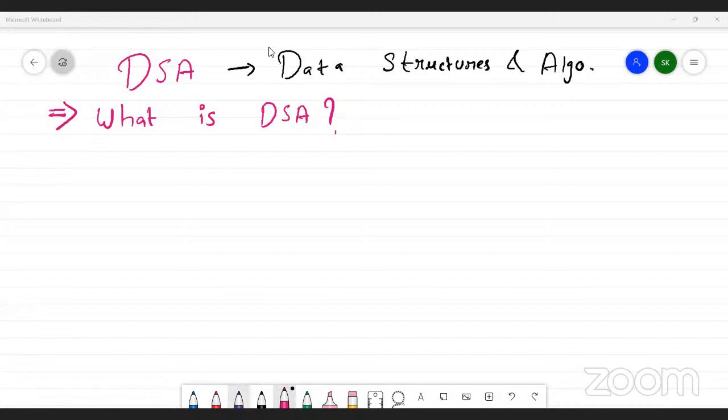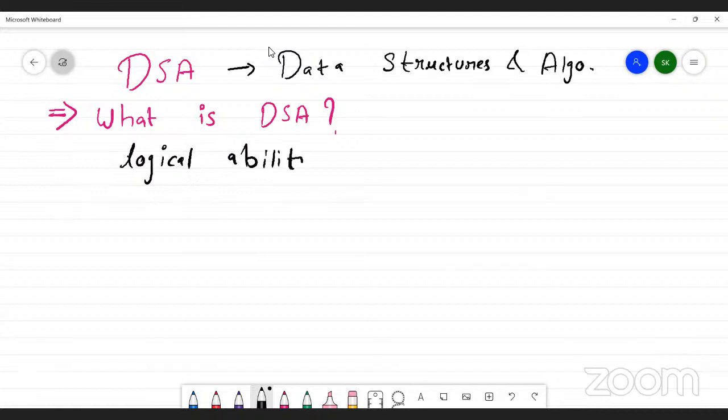So let's start. What is DSA? DSA is nothing but, as we term it, data structures and algorithms. It tests your logical abilities. How does it test your logical abilities? Someone gives you a question and asks, how will you solve it?